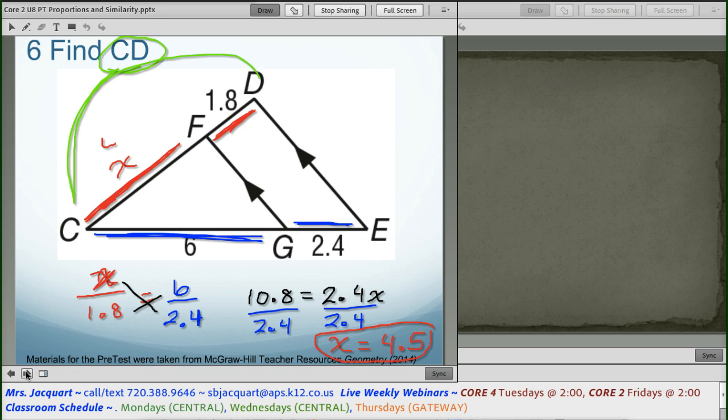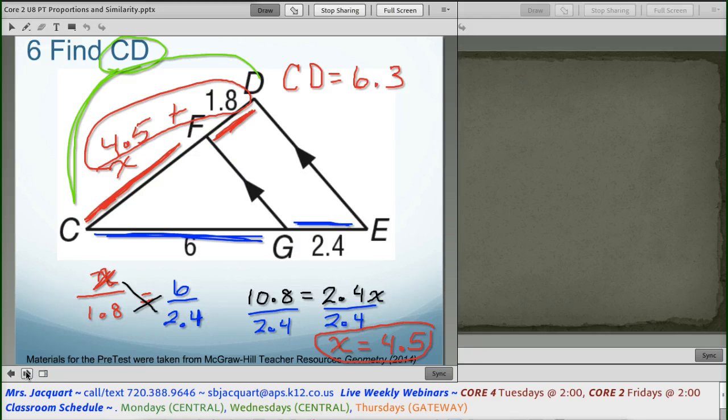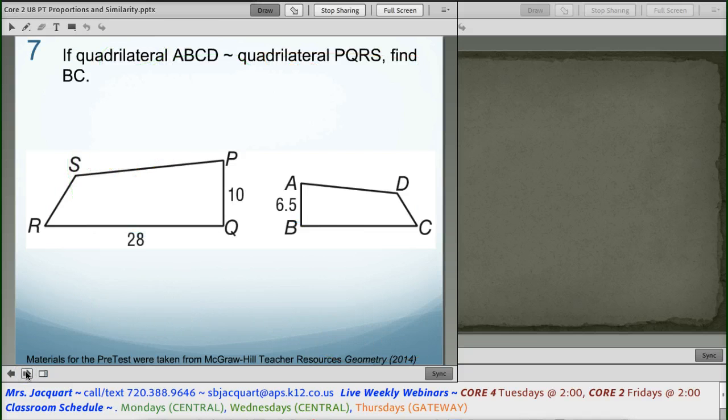This is 4.5 plus 1.8, sorry. So CD equals 6.3. Super cool. We could have done that a lot harder way, but I didn't.